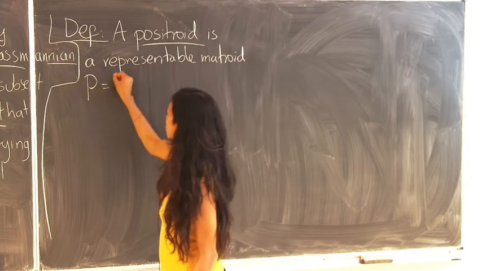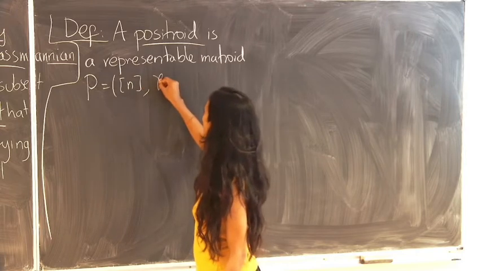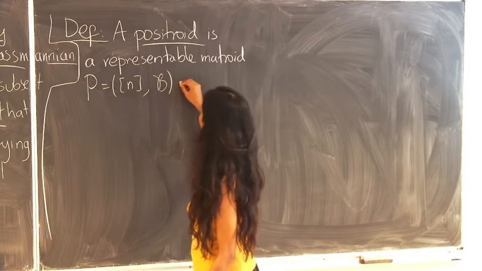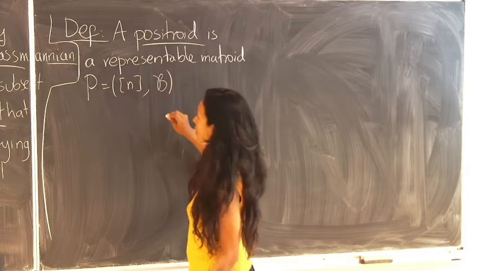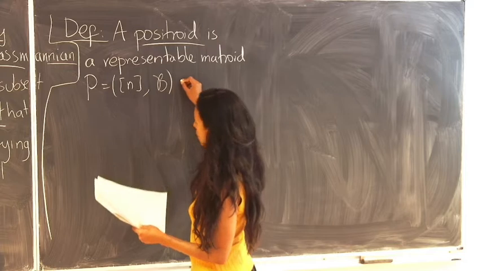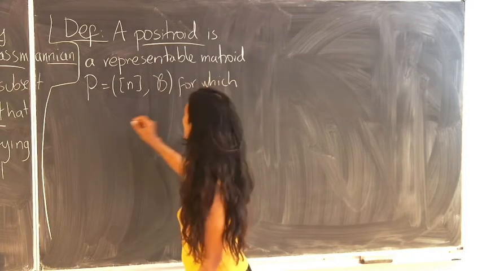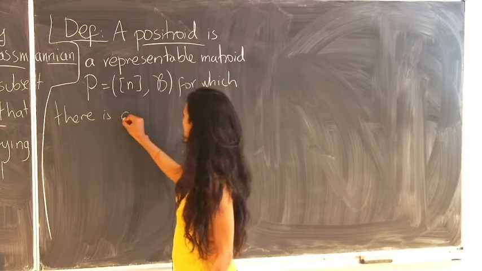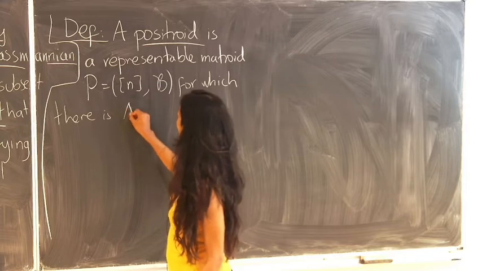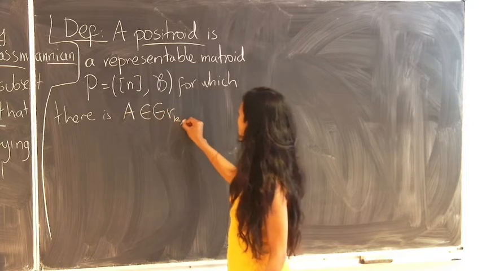As a matroid, we know it's defined by a pair given by a ground set and a collection of bases. It's a representable matroid for which there is a matrix in the totally non-negative Grassmannian that gives rise to it.